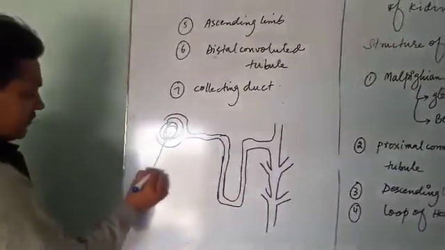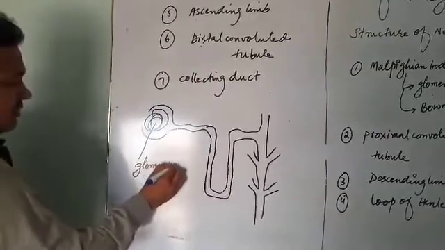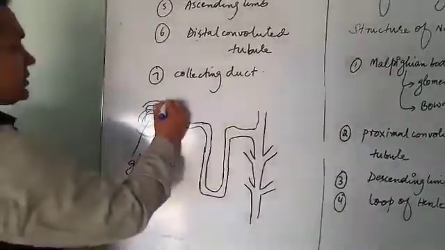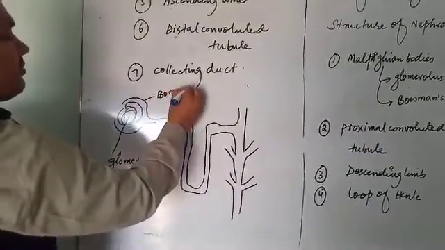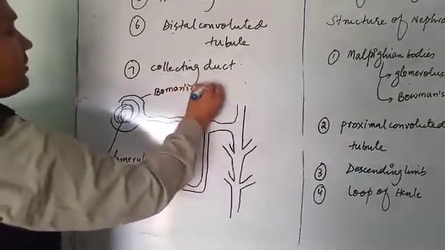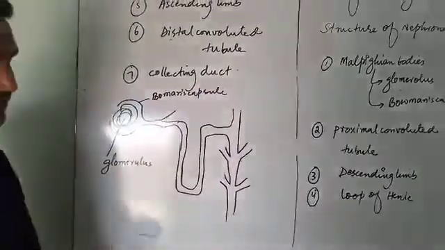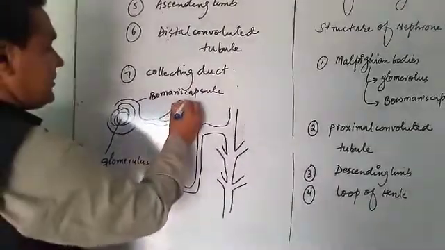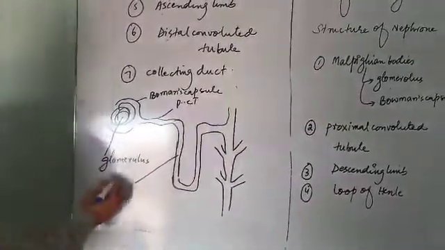This is called glomerulus. This is called Bowman's capsule. This is called proximal convoluted tubule or PCT. This is called descending limb.